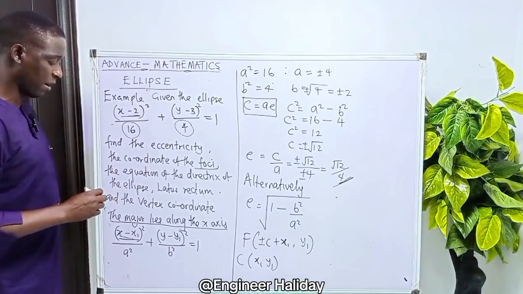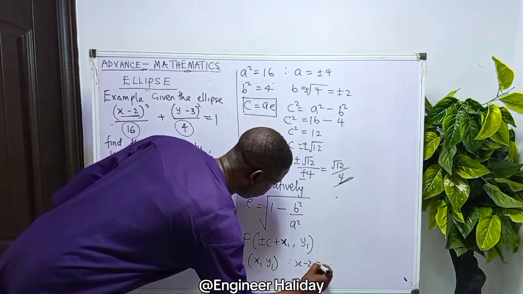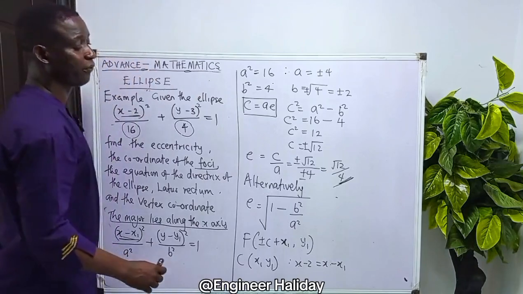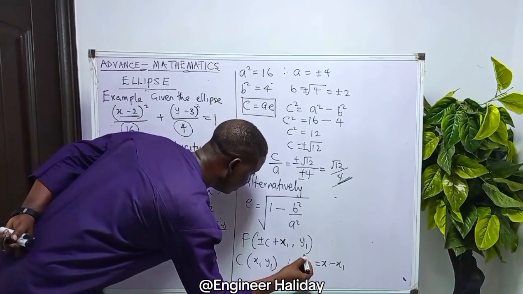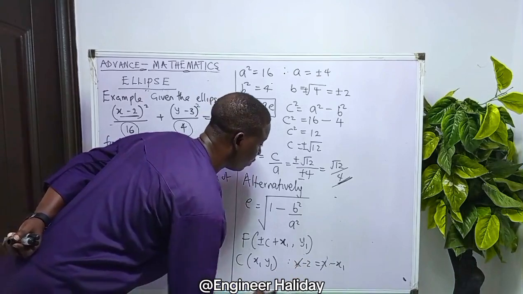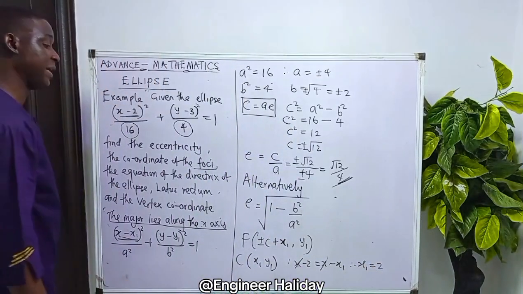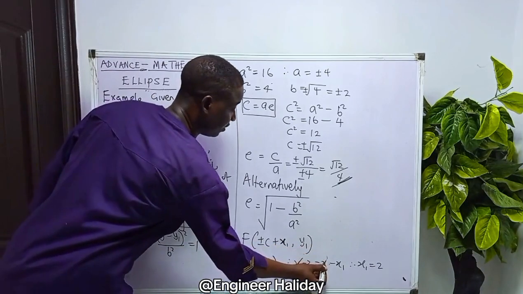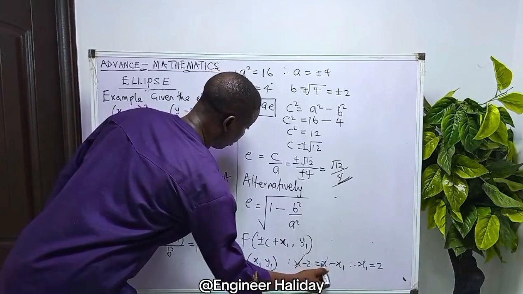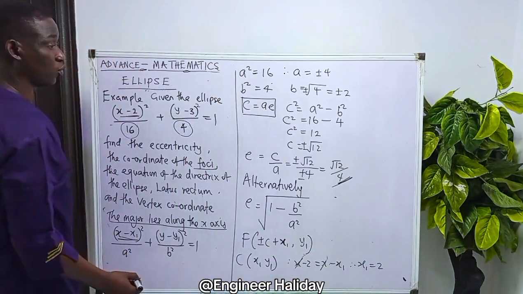Comparing x minus 2 with x minus x1, we get x1 equal to 2.